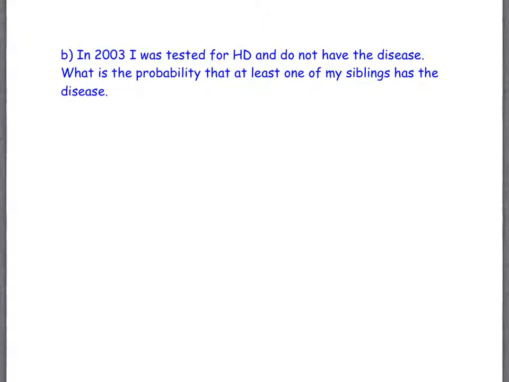And so in 2003, I was tested for Huntington's disease, and I do not have Huntington's disease. The reason that I have my daughter Abby, my only biological daughter, is because I don't have Huntington's disease. Because if I had it, we wouldn't have had her. Wouldn't have happened.